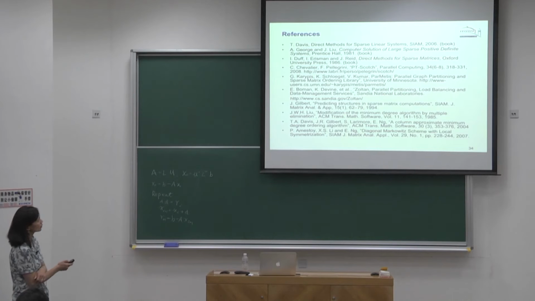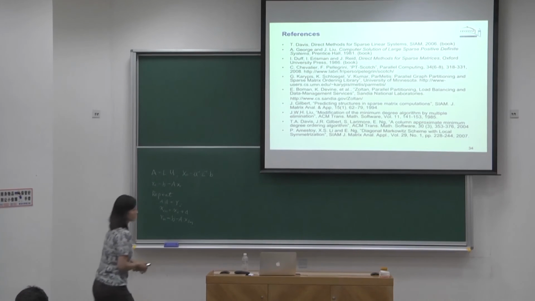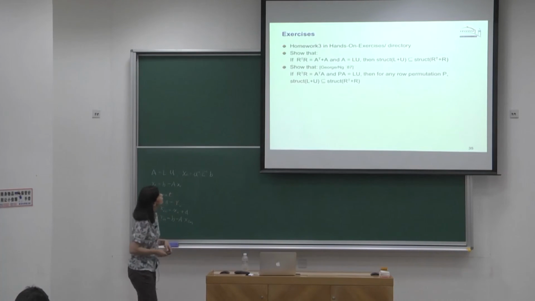It's also another US Department of Energy research lab, similar to ours. Joseph Liu's paper is a very good overall survey that touches all the details about different aspects of the minimum degree algorithm. And our paper here is about the non-symmetric extension to minimum degree. So that's the reference.